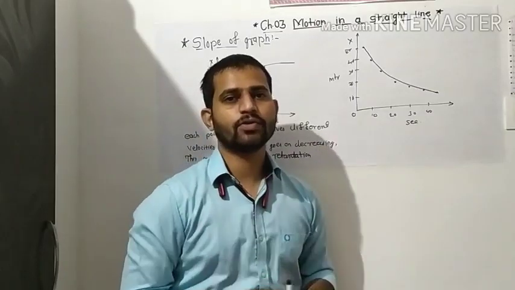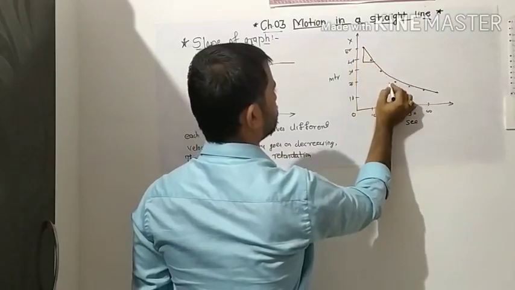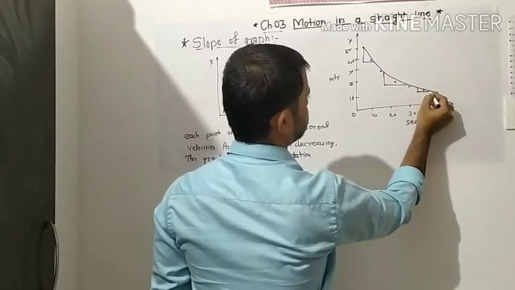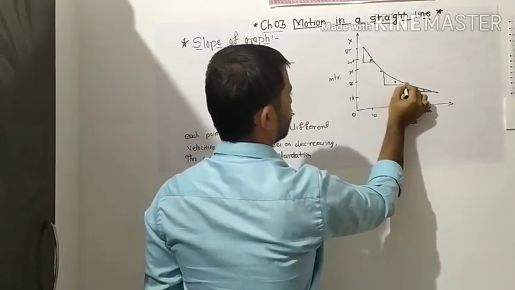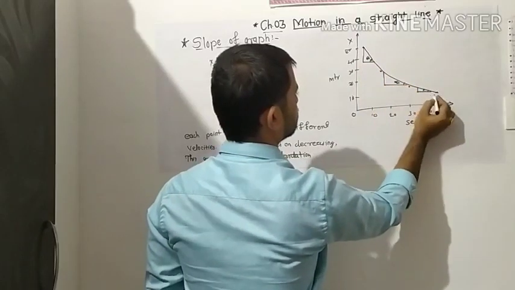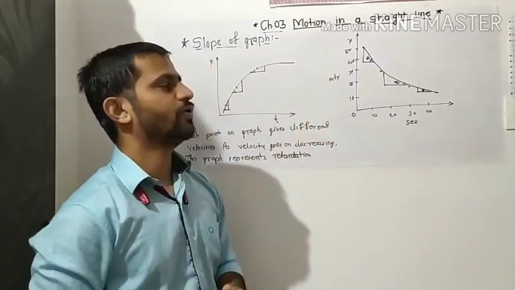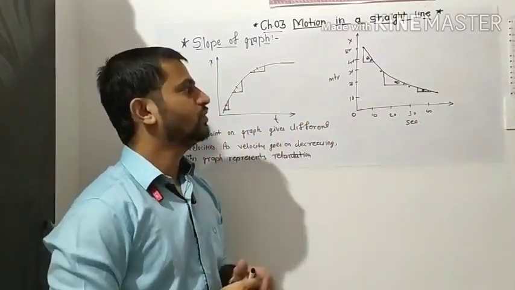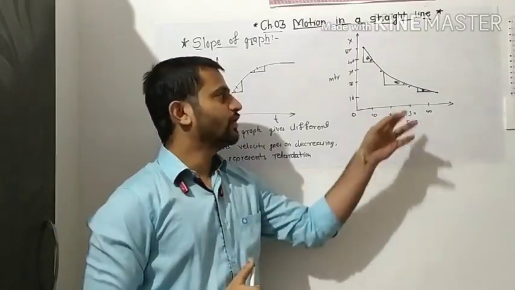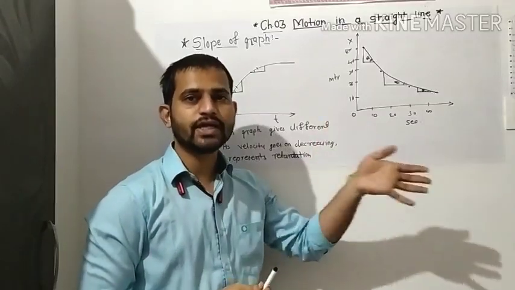If you take the slope of this graph, then initially here, this slope you have to find out. Okay, so if you look at this graph, what you can understand is that the slope of this line goes on decreasing, that is, velocity goes on decreasing.